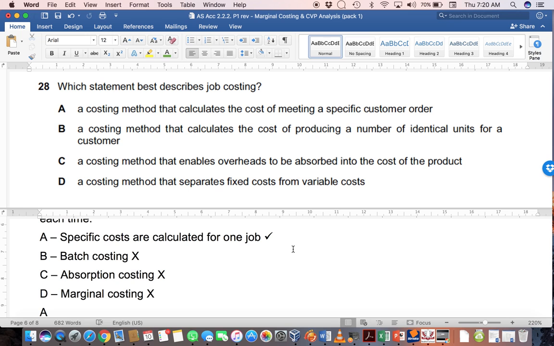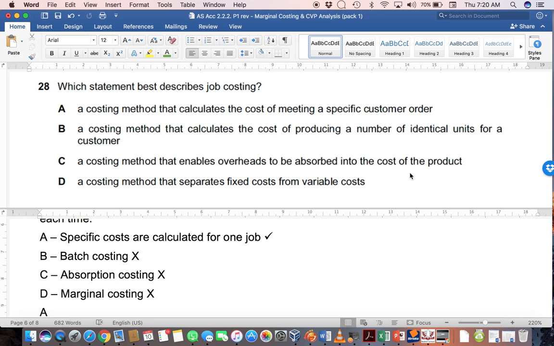B, a costing method that calculates the cost of producing a number of identical units for a customer. That is referring to batch costing, which would be used in batch production, where you're making a number of units that are all the same, but that batch is for a particular customer, and each batch might be different.